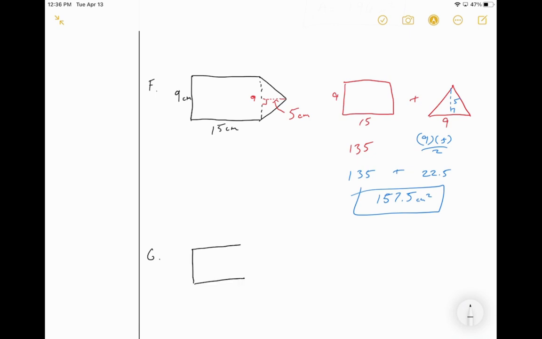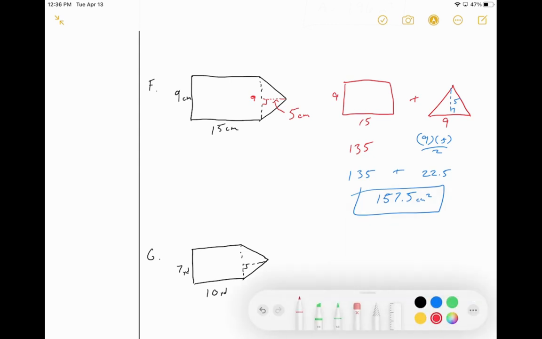So I want to go over it. All right, so let's go ahead and try this one, please.